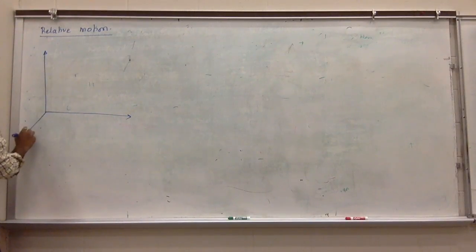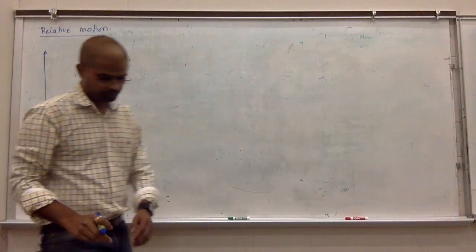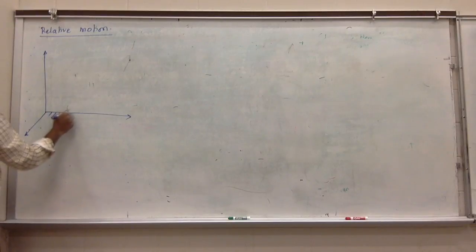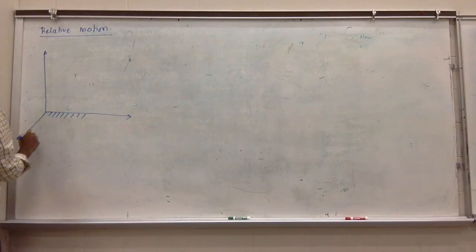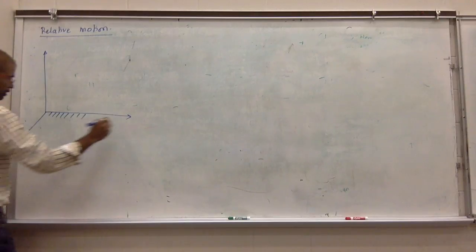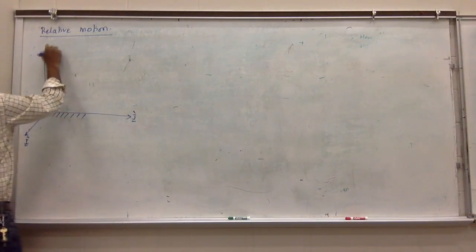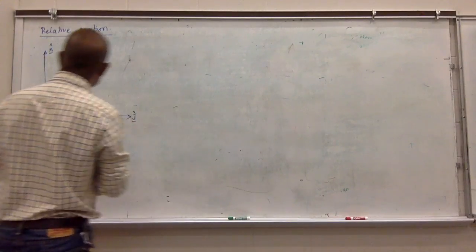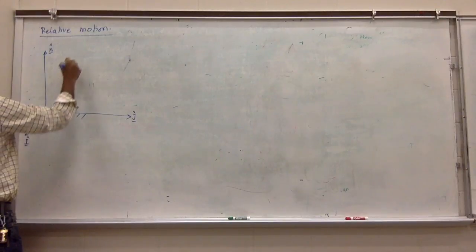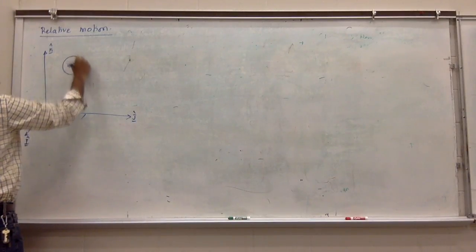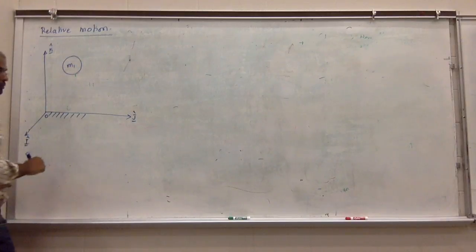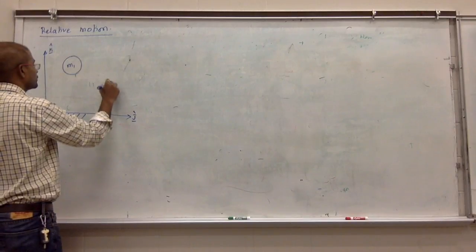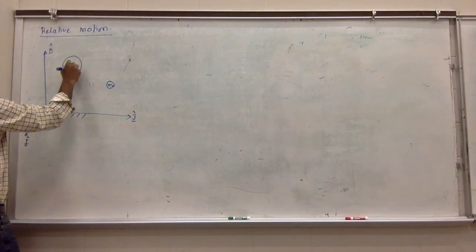You have an inertial reference frame, I, J, and K. And then you have, this is point 1. We have mass m1 and mass m2.